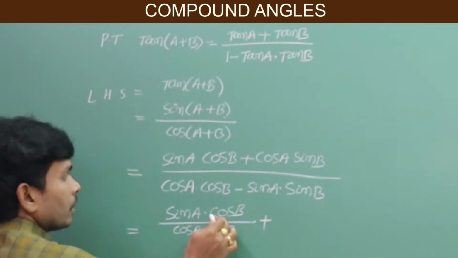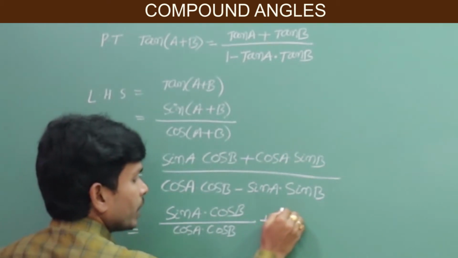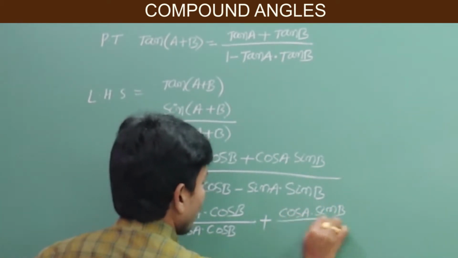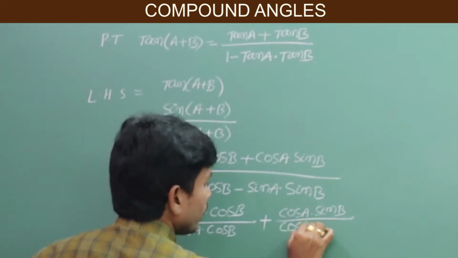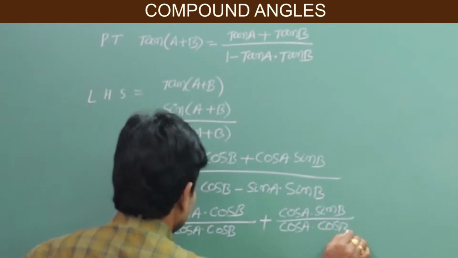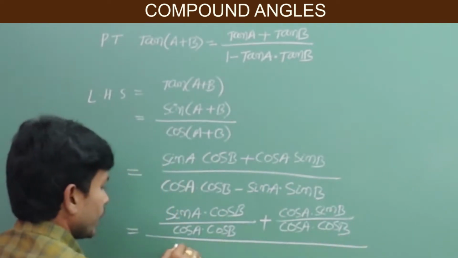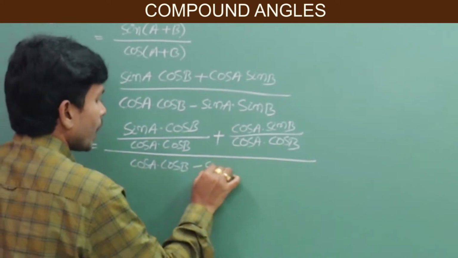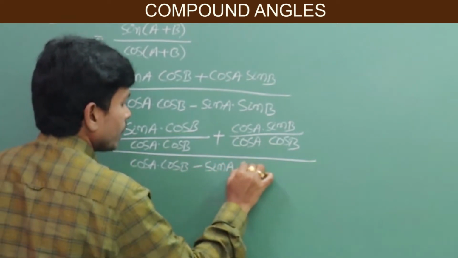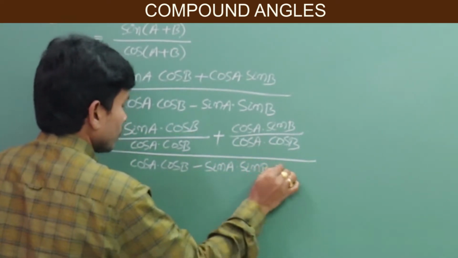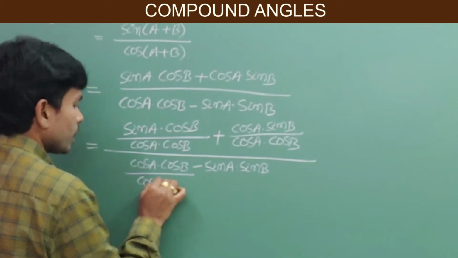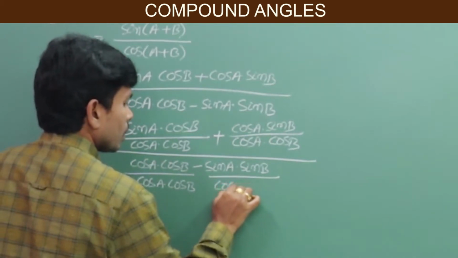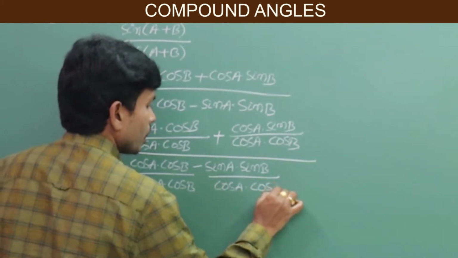See here, sin a cos b by cos a cos b, plus cos a sin b by cos a cos b, whole by cos a cos b minus sin a sin b, each term divided by cos a into cos b.